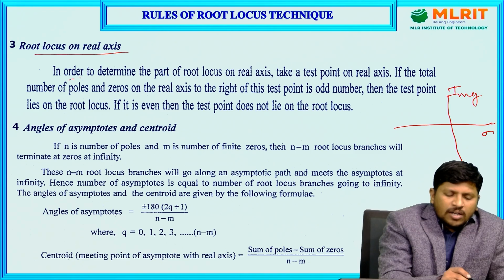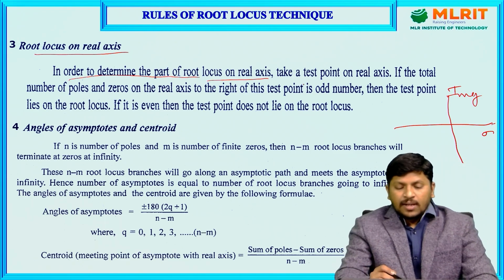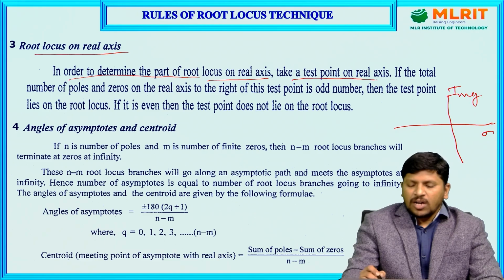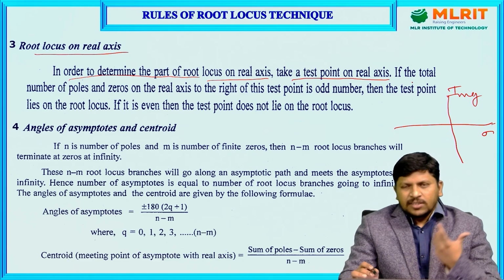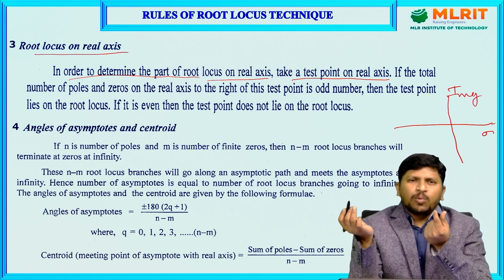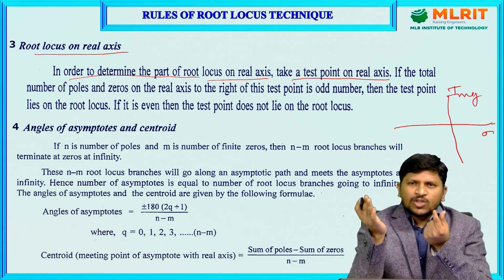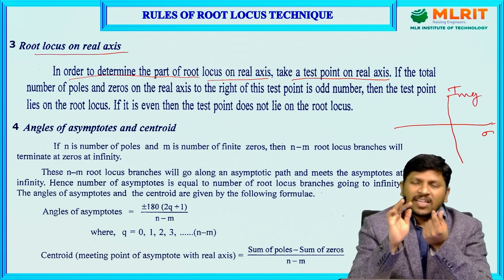In order to determine the part of the root locus on the real axis, take a test point on the real axis. After that, count the number of poles and zeros on the right side of the test point. If it is an odd number, then the test point lies on the root locus.